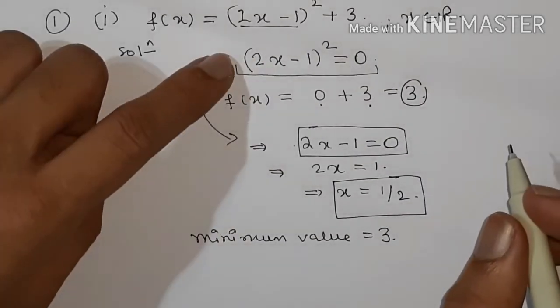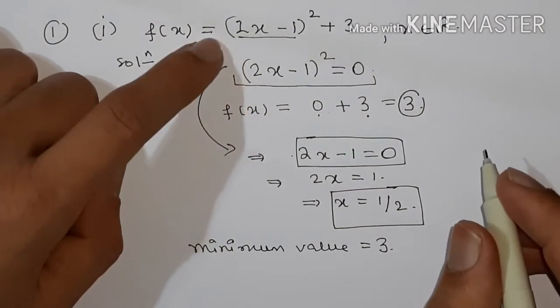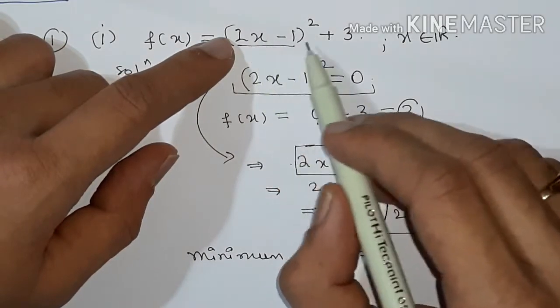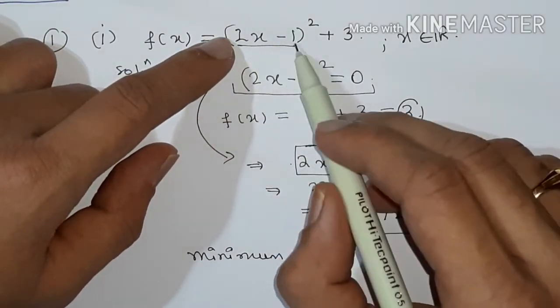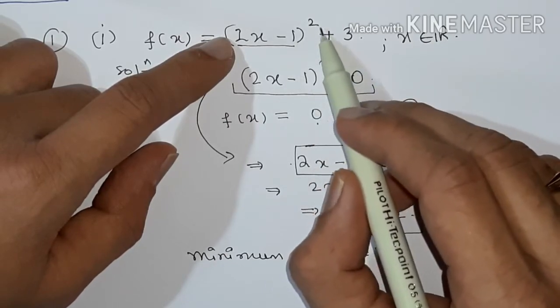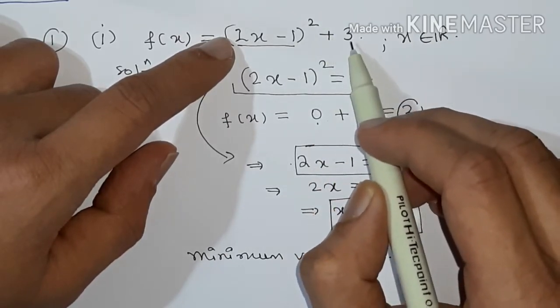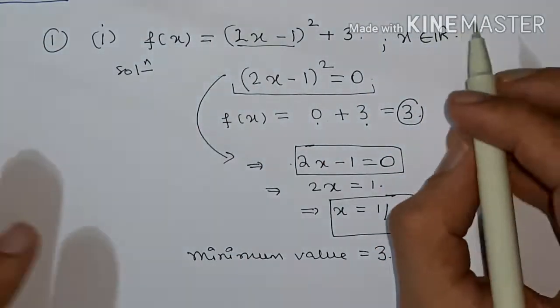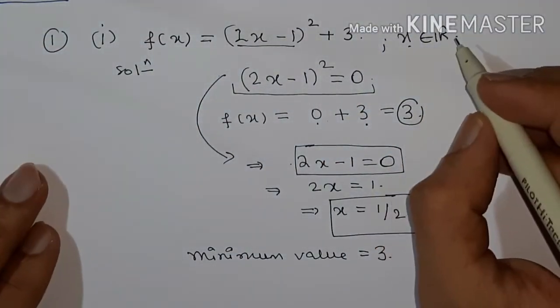Now does this function have a maximum value? It doesn't have a maximum value, because as the number inside the bracket increases, the square of that will increase, plus 3. So you see that the function increases as x increases.